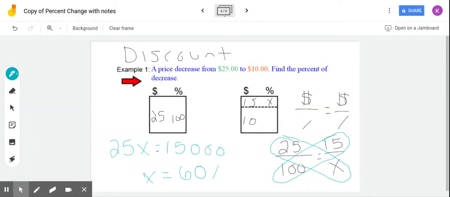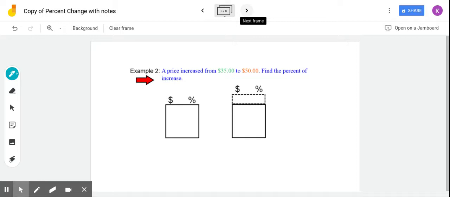Let's try another one. A price increased from $35 to $50. Find the percent increase. So we're going to start with our original number again, which is 35. And that original number is always going to be our 100%.